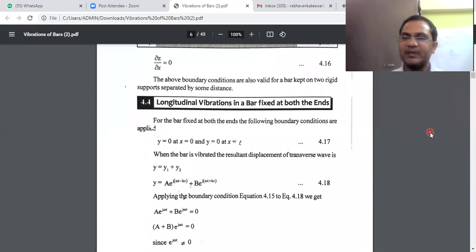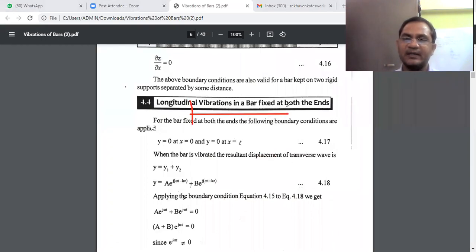Okay, so keeping these 2 points in your mind, let us move to the vibrational modes of the bar when the 2 ends are fixed, or longitudinal vibrations in a bar fixed at both ends. Let us take this rod.